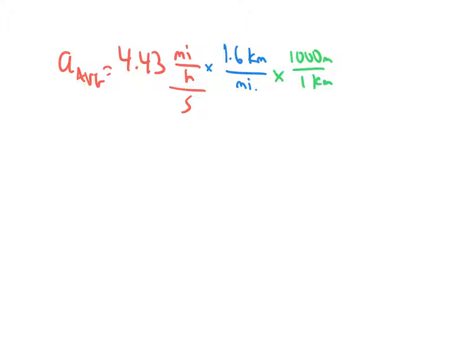Then the next thing we want to make sure we do is get our hours into seconds. So I say, well, there is 1 hour per 60 minutes, and then there is 1 minute per 60 seconds.